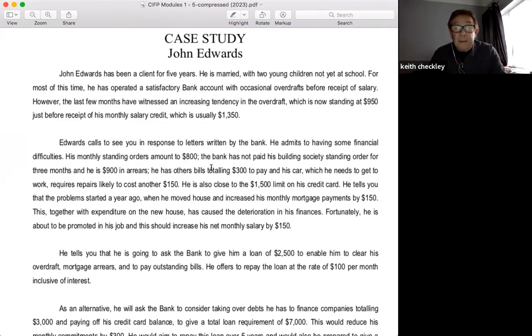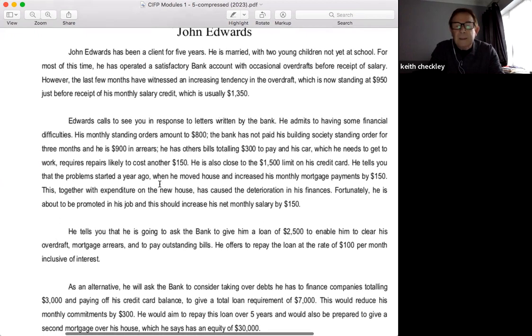And then he's got car repairs there, 150. So option one, we've got 950 plus 900 plus 300 plus 150. And I make that $2,300, which would give him a little bit of leeway if he's asking for a loan of $2,500. So that calculation looks okay.